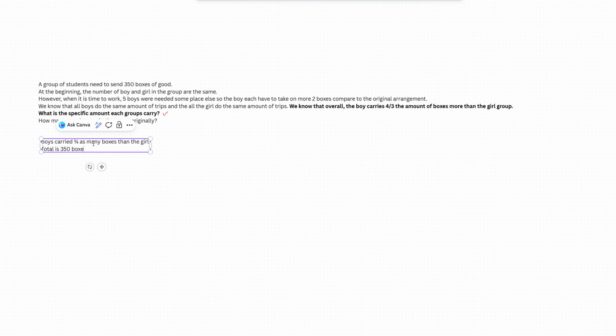Let the amount of boxes the girl carries be, let's call it the trip. They do the same amount of trips. We call y the number of trips.